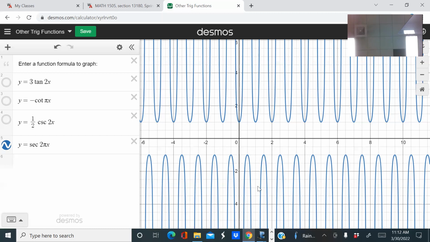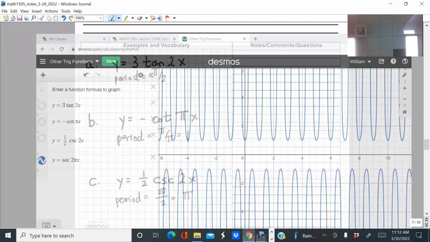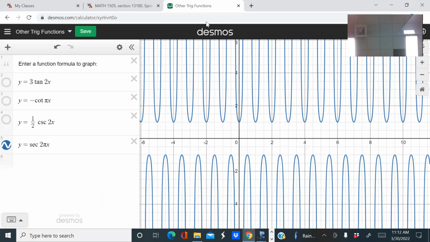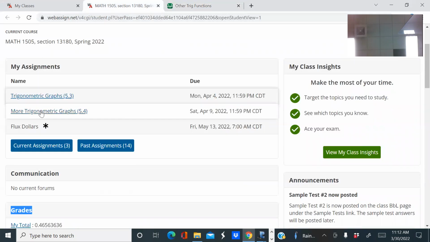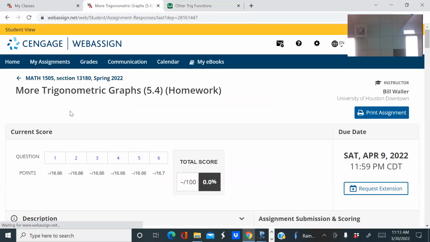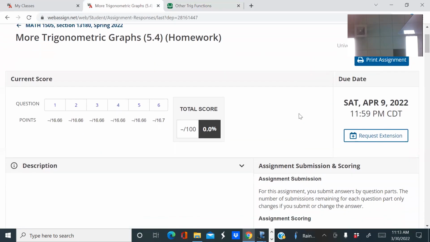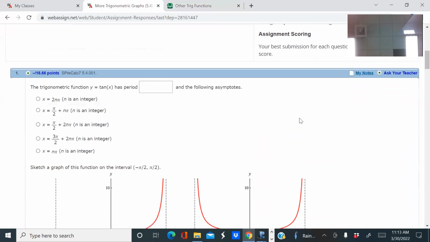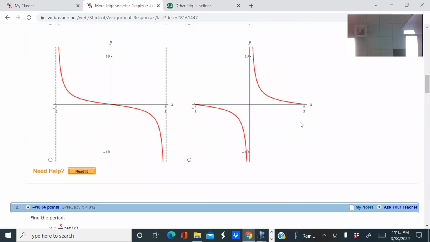So I think on this homework, which is more trigonometric graphs, this is not a very long homework. Let's look at it. I think you're just asked to do some graphing here.